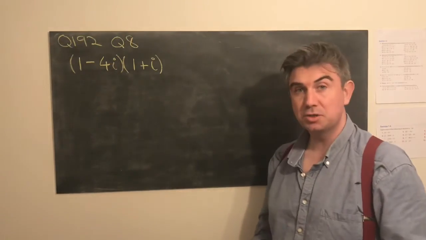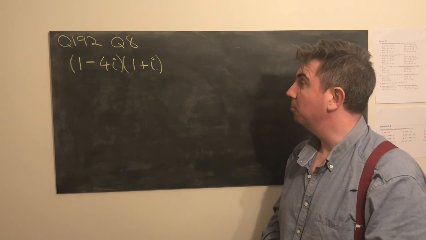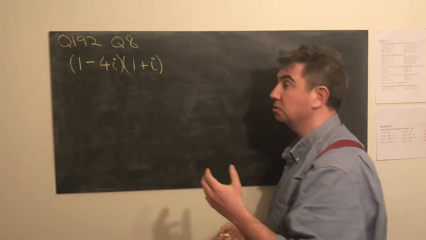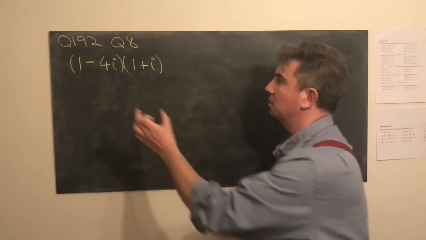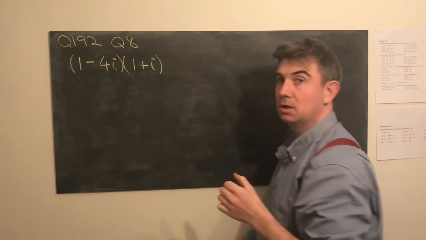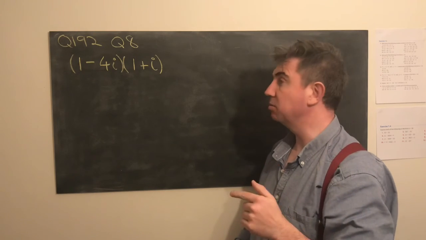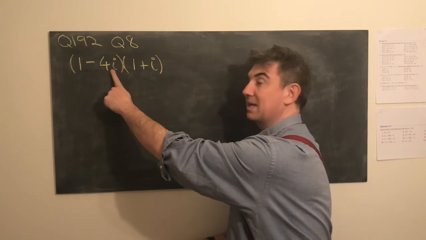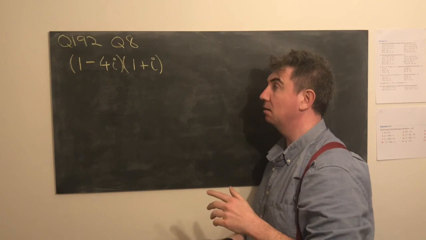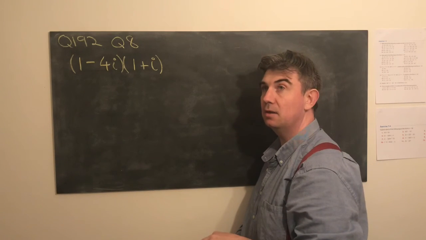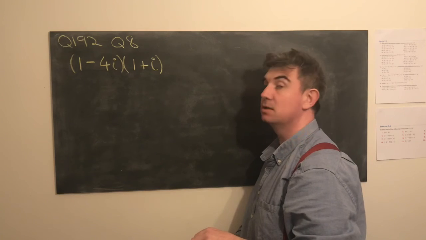This will be the last question from the homework, and it's a multiplication question. And we have this complex number multiplying this complex number. So when complex numbers multiply, this i, at some stage in the future, will bounce off this i, and the result will be, when an i times an i, the answer will be i squared.